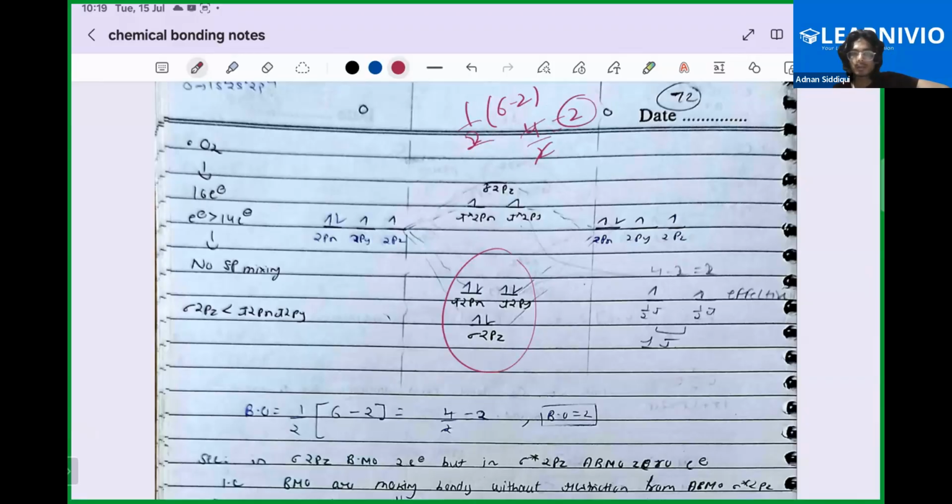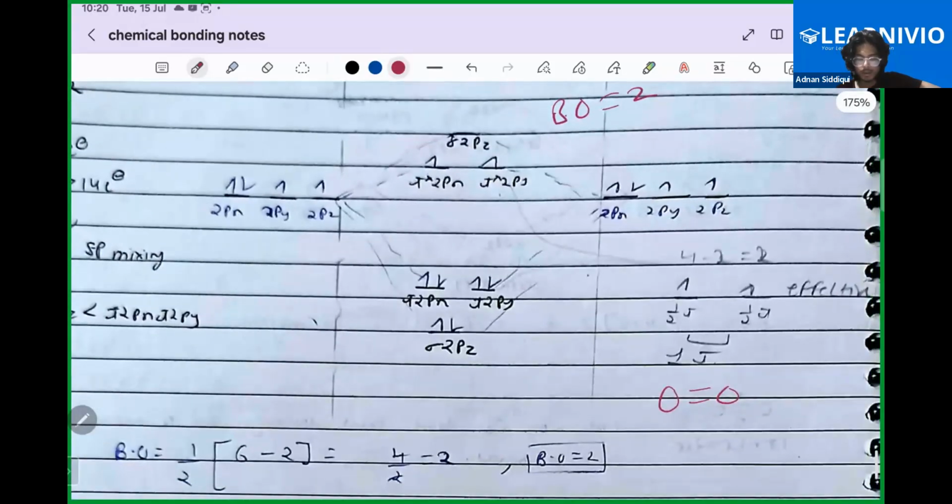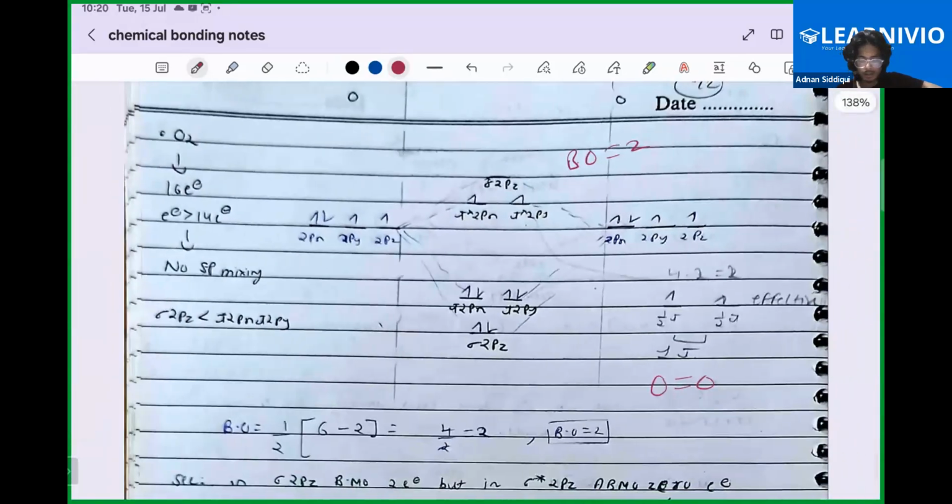Is it clear how it is coming as 2? So the O2 molecule again, the bond is not triple, the bond order is 2. Double bond.